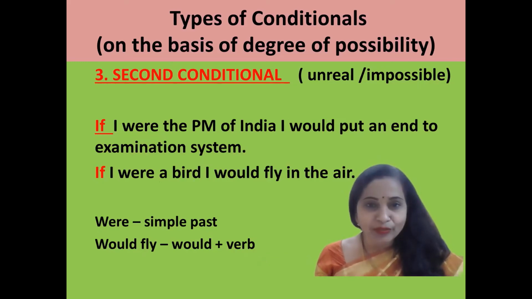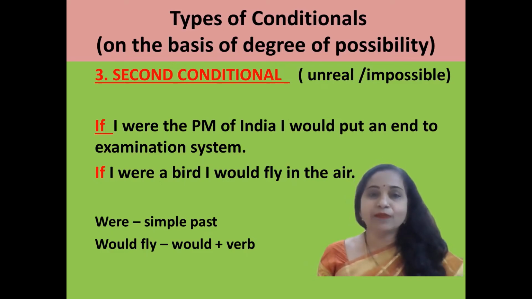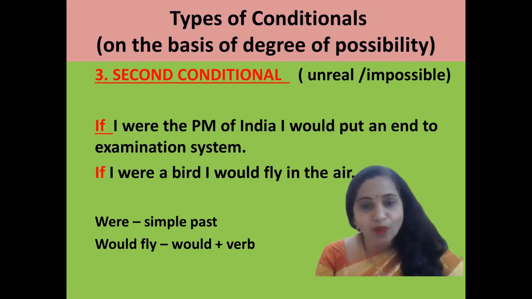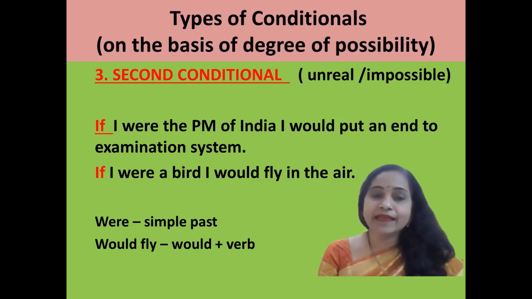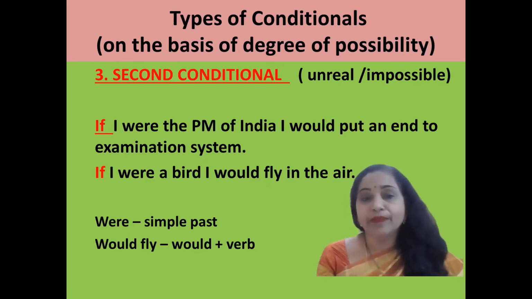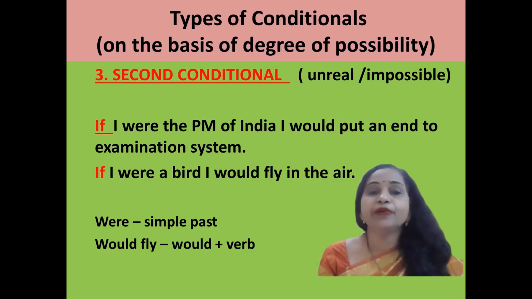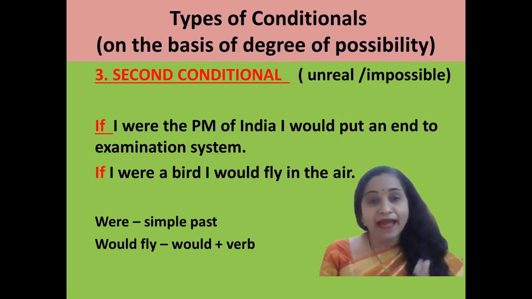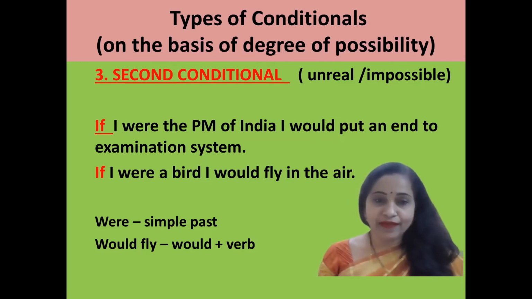So I cannot be the Prime Minister of India right now. At the time of speaking, it is an unreal and impossible situation. At the same time, the main clause, I would put an end to the examination system, is also an impossible thing. Unless and until I become the Prime Minister, I cannot take up this kind of activity.